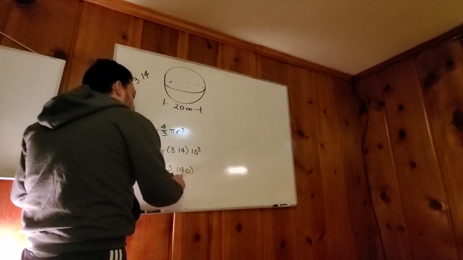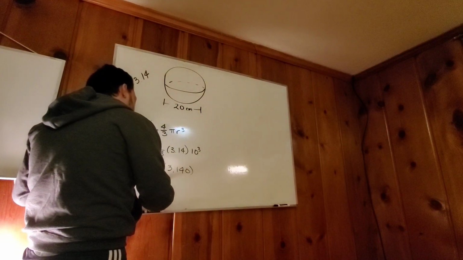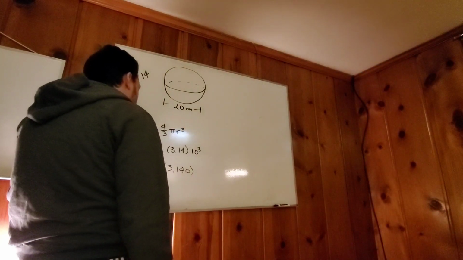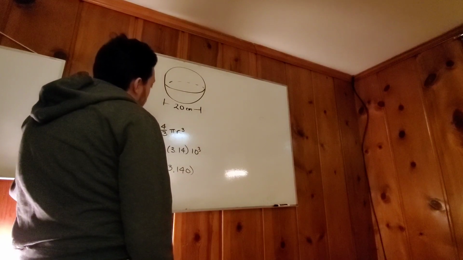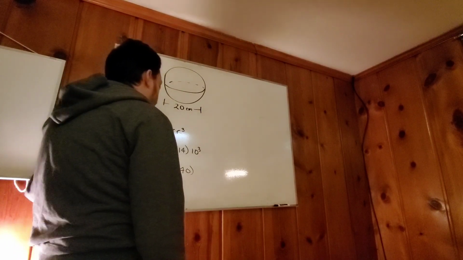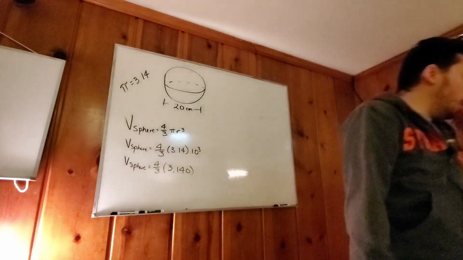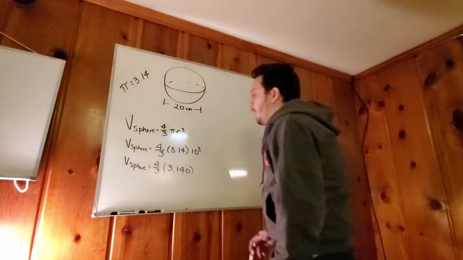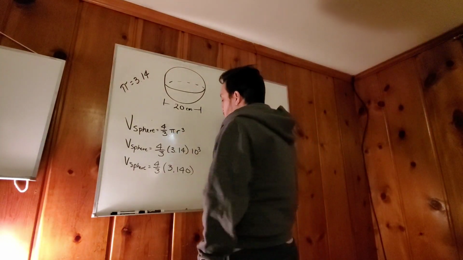Can 3,140 be evenly divided by 3? No, it cannot. We're going to have a fraction here.